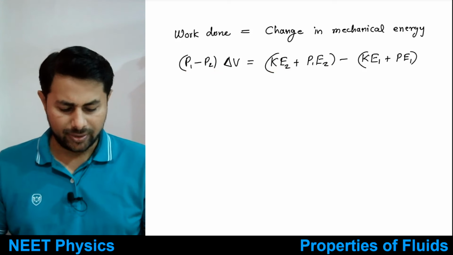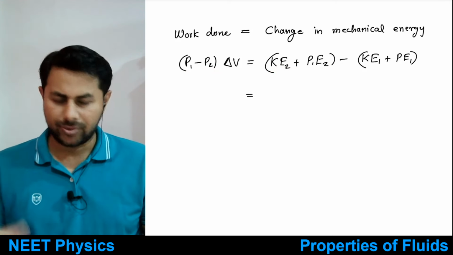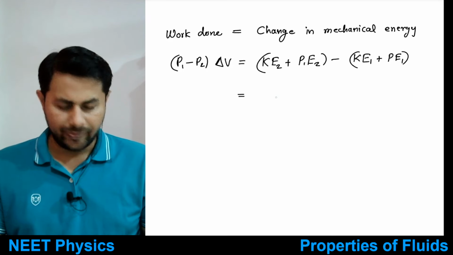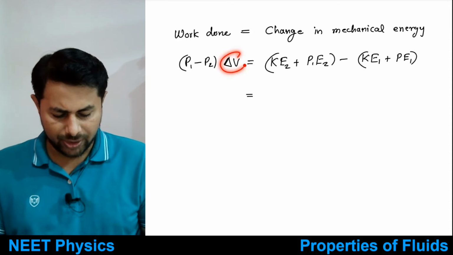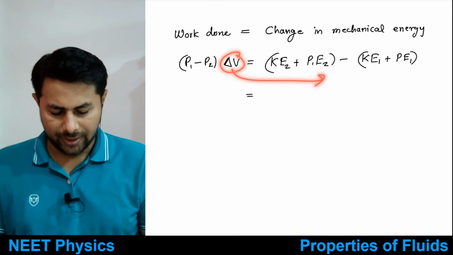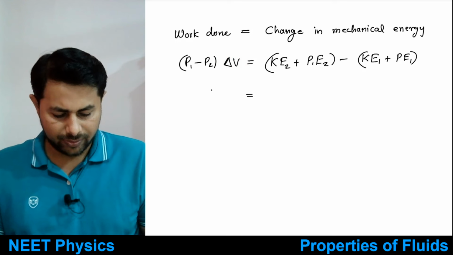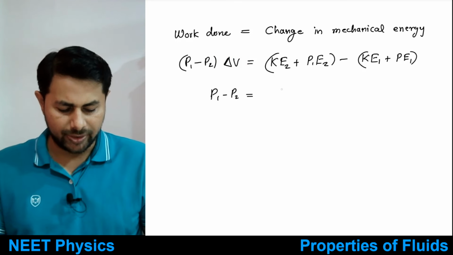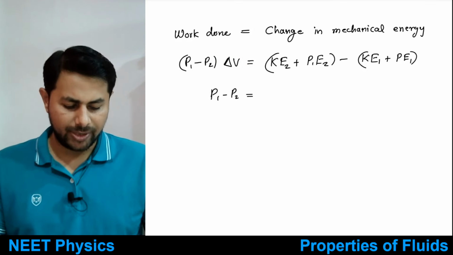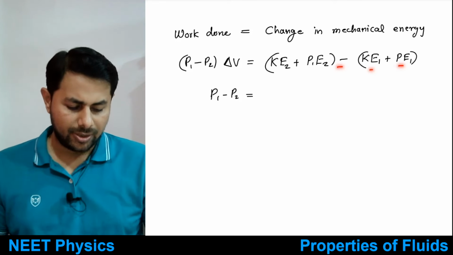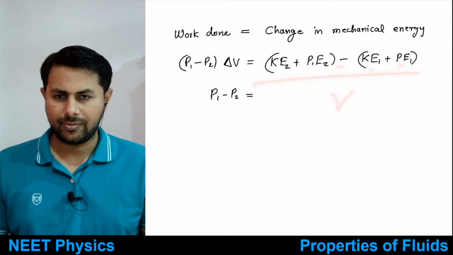So then what you can do is substitute the kinetic and potential energies, right? Before that I will move this delta V to that side. So I get P1 minus P2 is equal to KE2 plus PE2, minus KE1 plus PE1, all divided by volume.